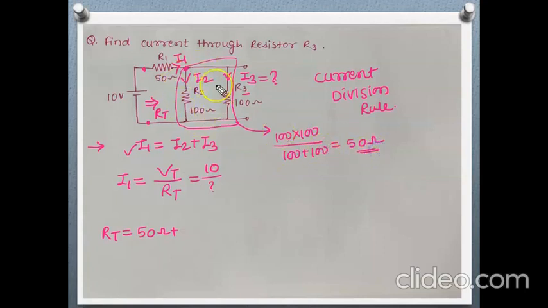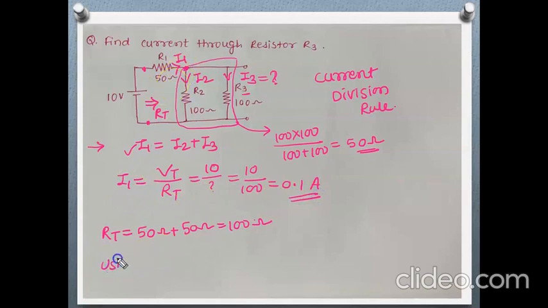And this equivalent 50 ohm is connected in series with this 50 ohm. So again, this 50 ohm plus 50 ohm is nothing but 100 ohm. So I1 will be what? 10 divided by 100 is nothing but 0.1 ampere. This is the value of I1, the total current.